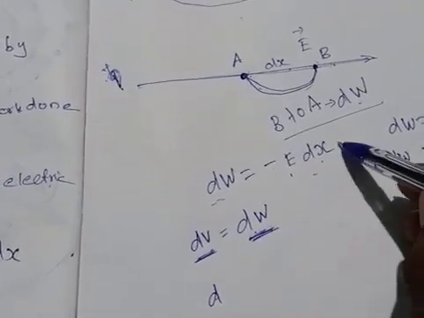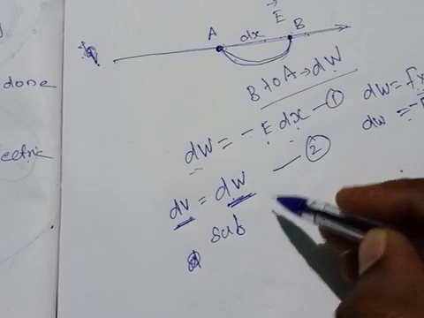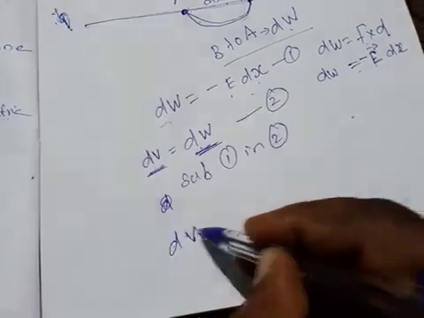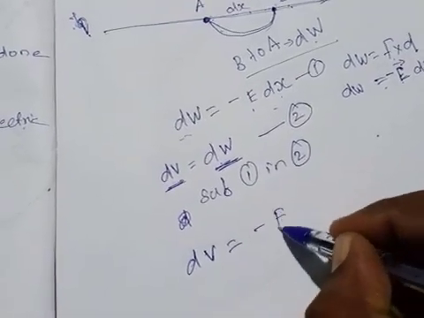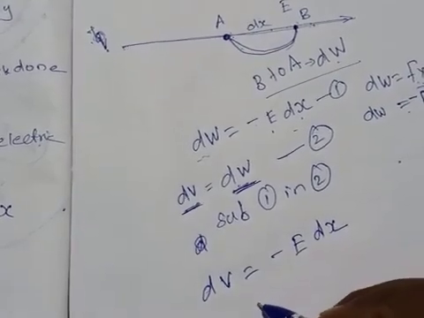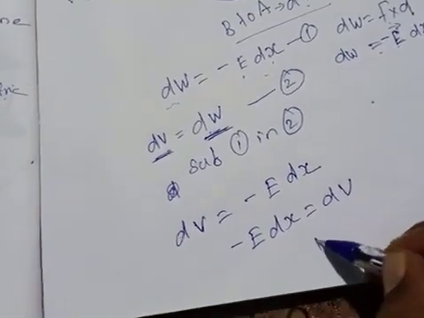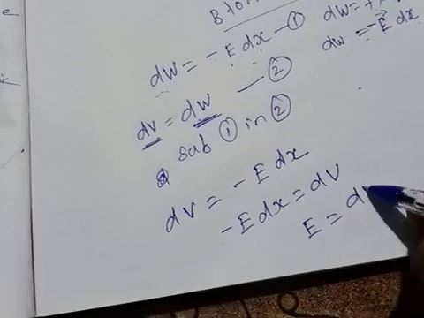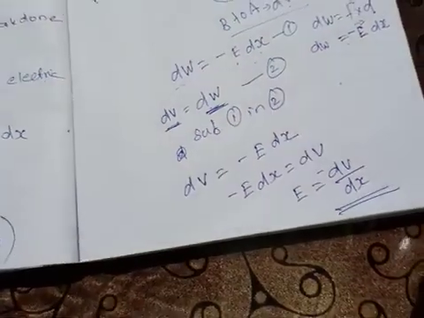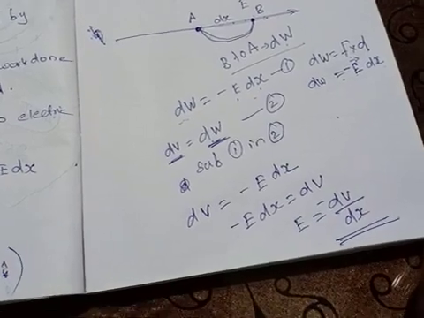Now you can take this as 1 and this as 2. Now you can substitute 1 in 2, so that dV equals minus E into dx, so you can write minus E dx equal to dV. So E is equal to minus dV by dx. This is the relationship between electric field and potential difference.